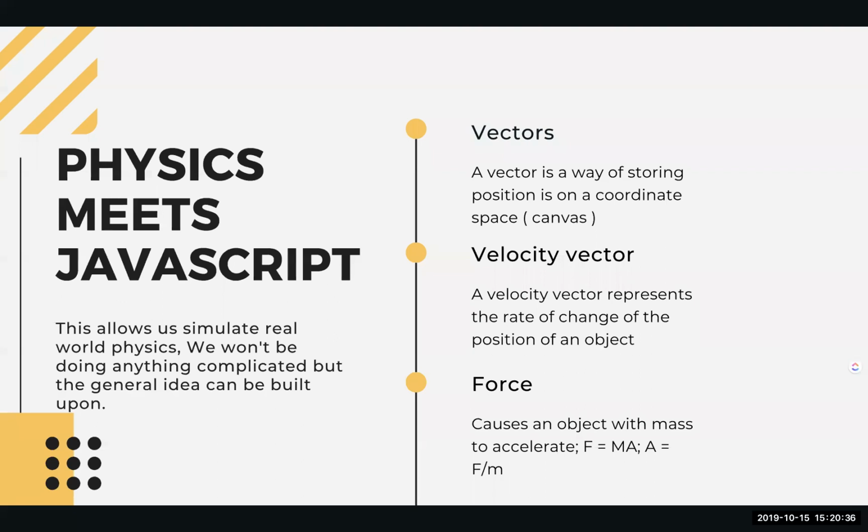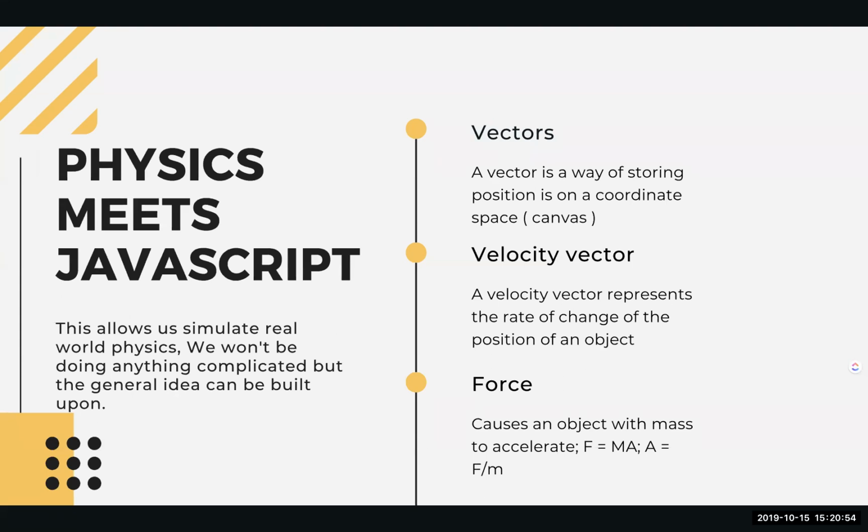So that will bring us down to vectors, velocity vector, and then forces, because the vector is just like the x and y coordinates on the screen, which is very important when working with the Canvas API.